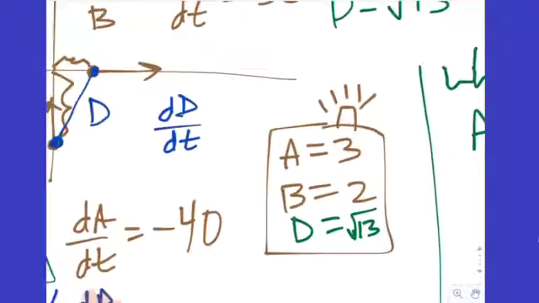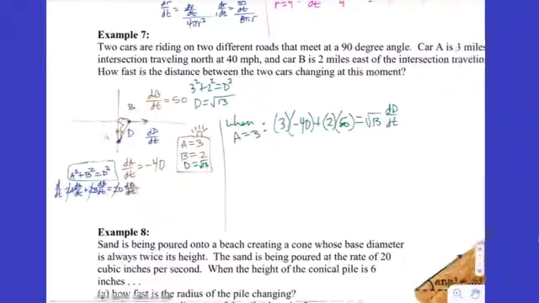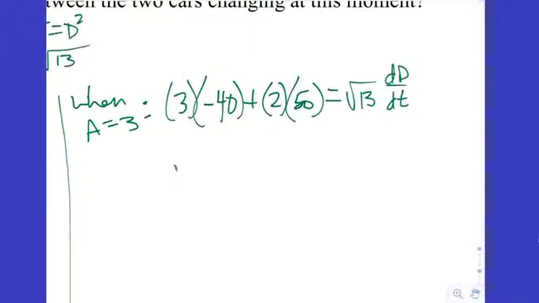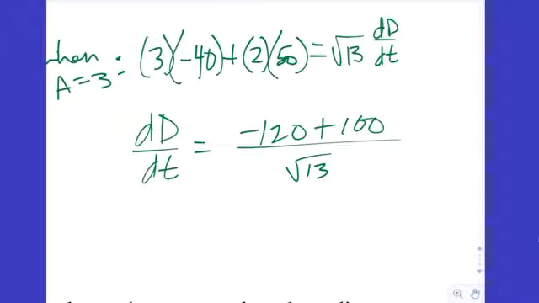It's kind of hard looking at it right here to know if D is going to be increasing or decreasing based upon where they are, but the numbers won't lie. If we solve for dD/dt, our numerator on the left simplifies to negative 120 plus 100, and then we divide through by the square root of 13.